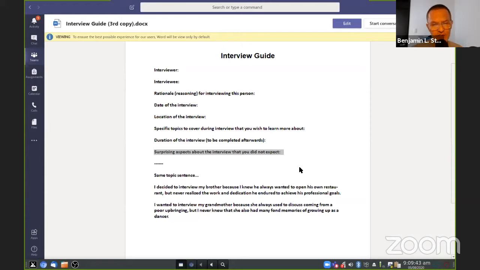So these are just examples, but notice that there are two basic parts to the structure of these sentences. One explains the reasoning why you wanted to interview the person, and it also reflects information that you already knew about the person. It obviously mentions who the person is that you interviewed. And then the second part introduces something that was surprising.